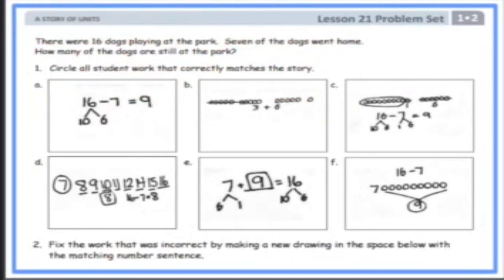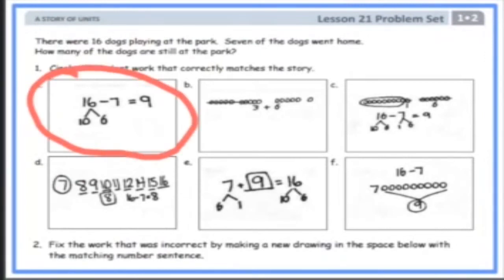I want to cross out 7. 1, 2, 3, 4, 5, 6, and 7. How many are left? 1, 2, 3, 4, 5, 6, 7, 8, 9. So student A is correct. They said circle all students' work that correctly matches the story, so I will circle student A's work.